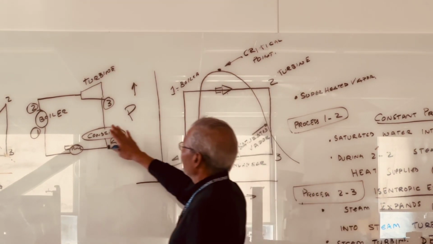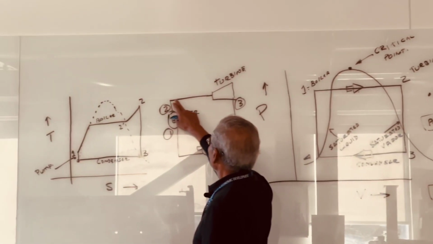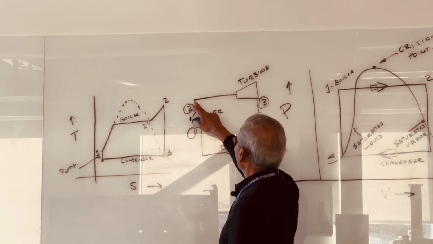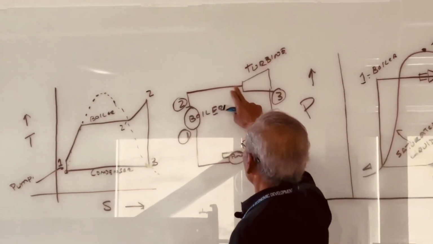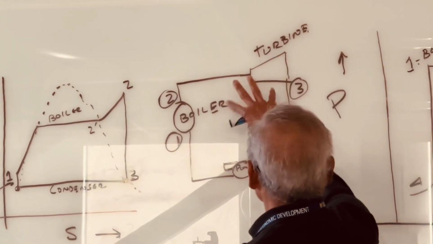So if you come back here and look at it from boiler 1 to 2, you are heating it, and then the heated water turned into steam is going to the turbine. So this is the turbine portion.